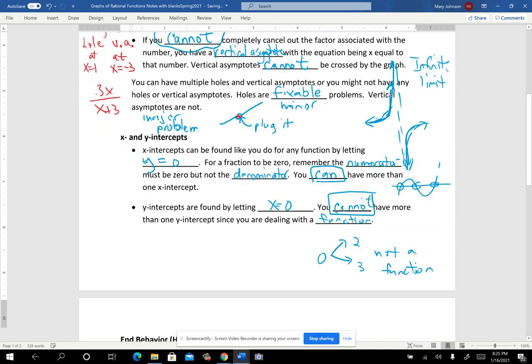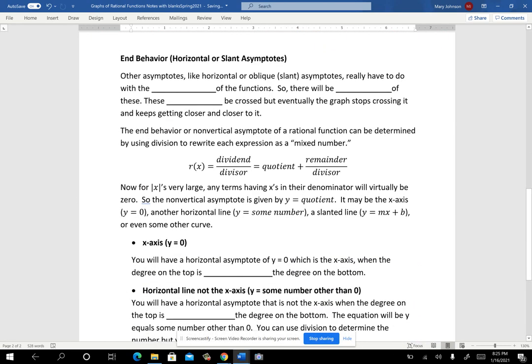All right, what we're talking about in this section is the horizontal, slant, or they can be really other curves, asymptotes. Those are associated with end behavior. So like the domain and vertical asymptotes are basically the same concept. Well, the end behavior of a function kind of goes with the horizontal or slant asymptotes.